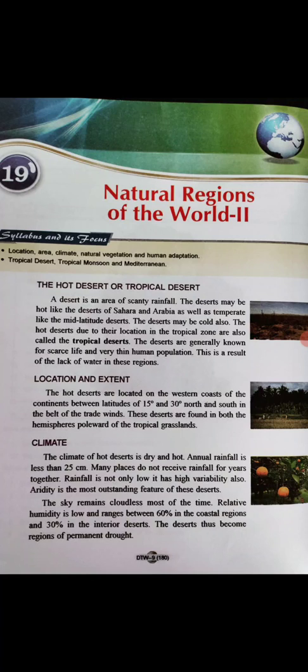Deserts are of two types, hot desert and cold desert. Those lying in the tropical region are hot deserts, and those lying in the temperate region are generally cold deserts. Hot deserts, due to their location in the tropical zone, are called tropical deserts.